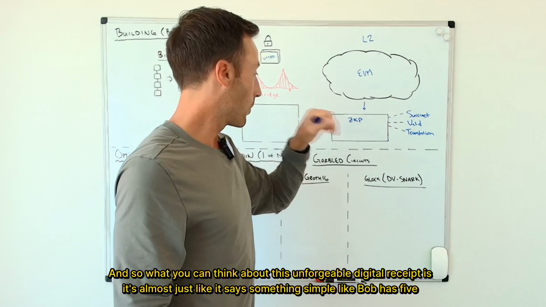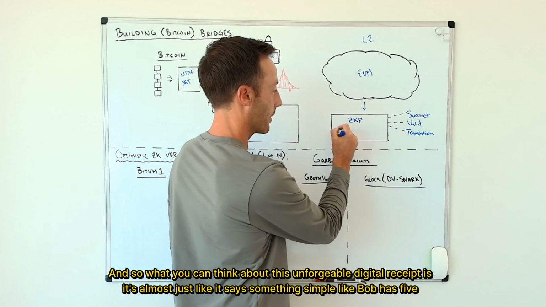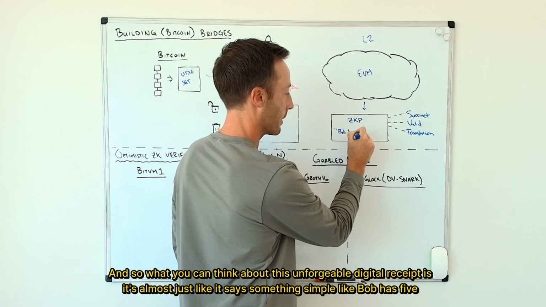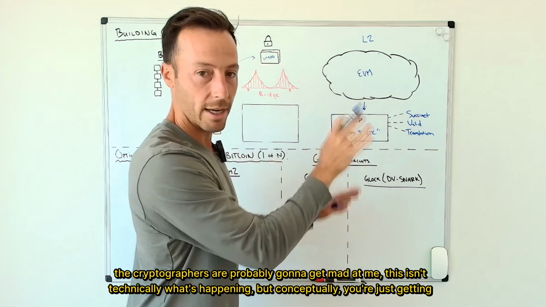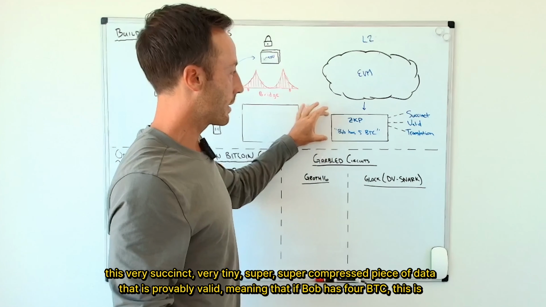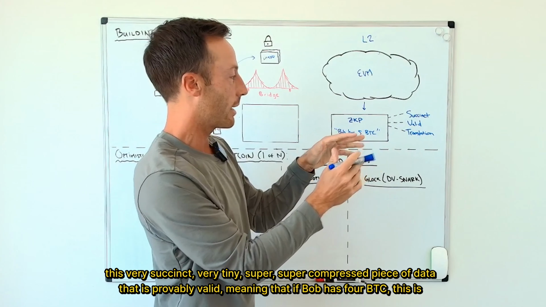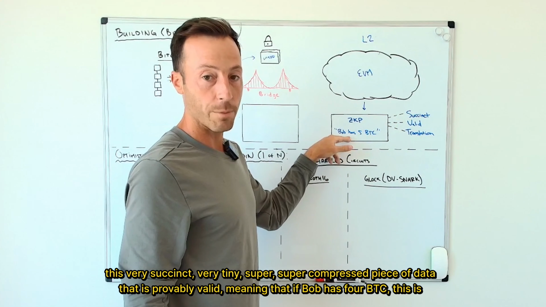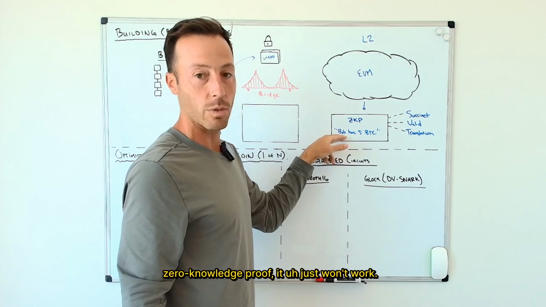What you can think about this unforgeable digital receipt is, it's almost like it says something simple like Bob has 5 BTC. The cryptographers are probably going to get mad at me. This isn't technically what's happening, but conceptually you're just getting this very succinct, super compressed piece of data that is provably valid, meaning that if Bob has 4 BTC, this zero knowledge proof just won't work.